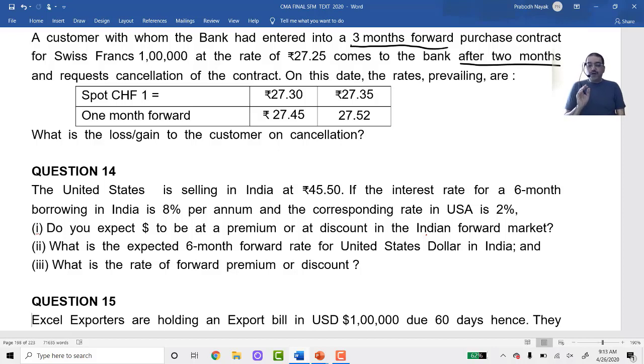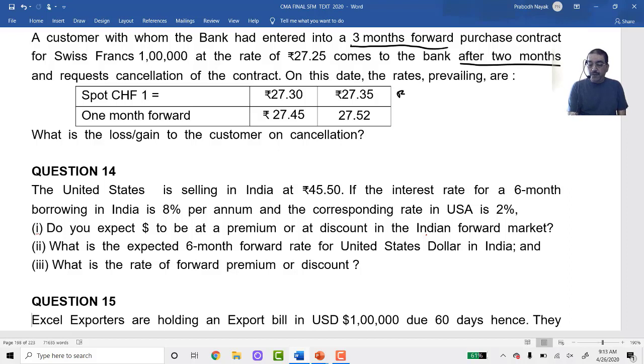First, I want to find out what is the rate applicable for the transaction. Customer with whom the bank has entered into a 3 months forward purchase contract. Bank has agreed to purchase at 27.25. So customer has agreed to sell at 27.25.